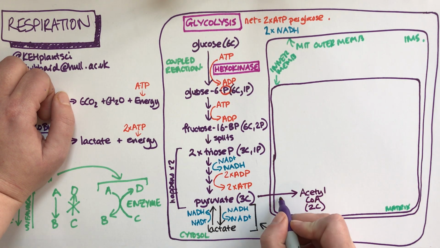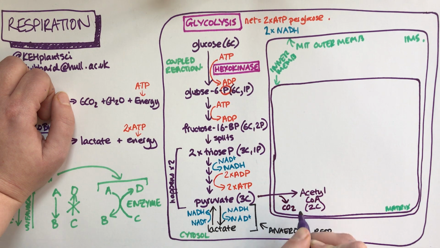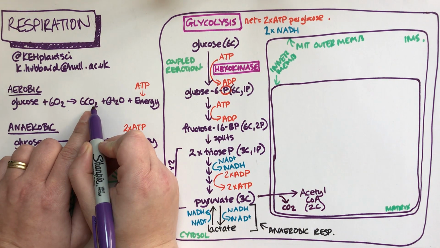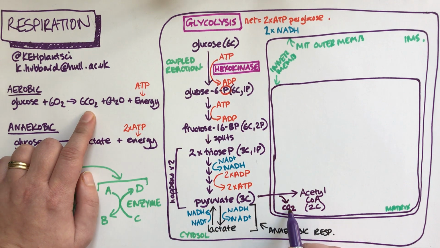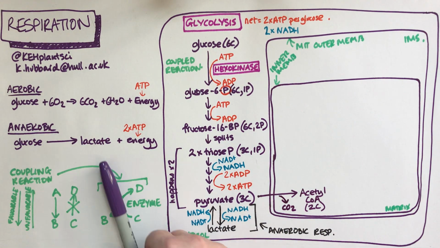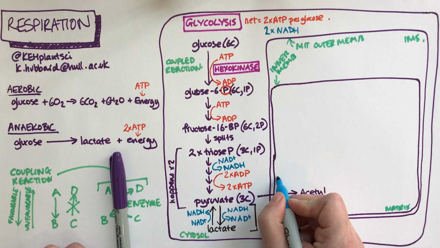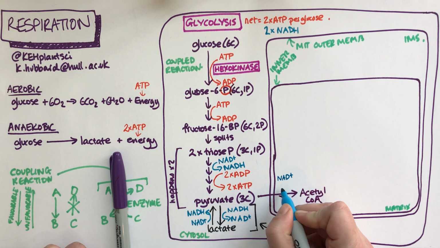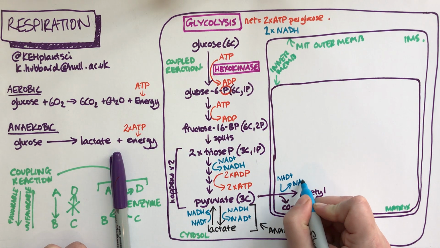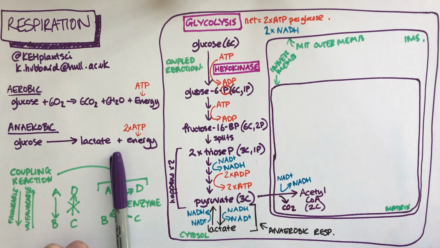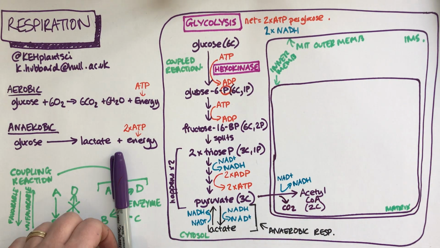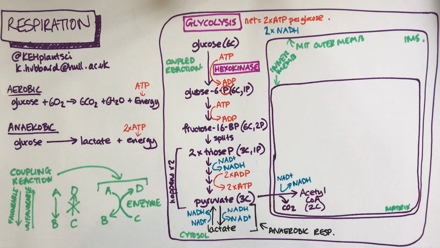Okay. We've gone 3 carbons to 2 carbons, so we release our first molecule of carbon dioxide. So we're starting to get that equation balancing there. There's the CO2. It's not all of the CO2, it's some of it. And that gives us some more NADH. Okay, which is, as you remember, another energy carrier.